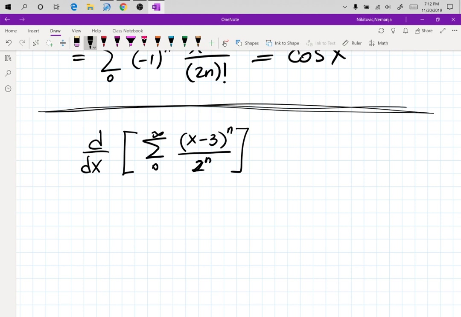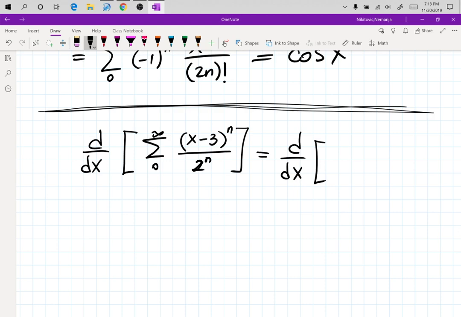So to differentiate this, you make all of this into a single exponent problem. So summation 0 to infinity, and they mush all of this together, everything raised to the n.